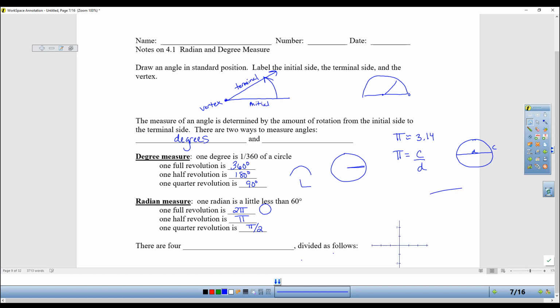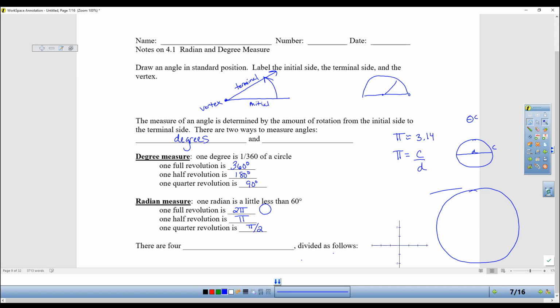Point blah blah blah. There's more to it, but approximately 3.14. So it doesn't matter if the circle is enormous or tiny. The ratio of the circumference to the diameter is always 3.141, and it keeps going, and somebody gave that the name pi. That's where it comes from.